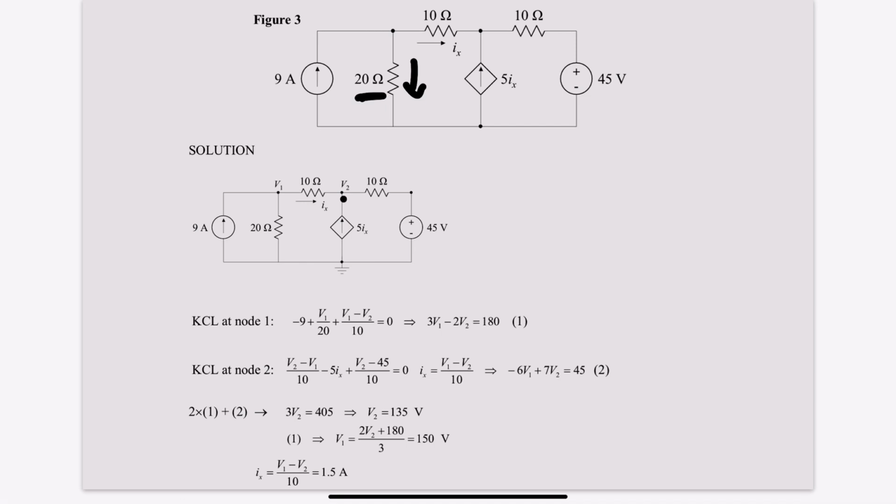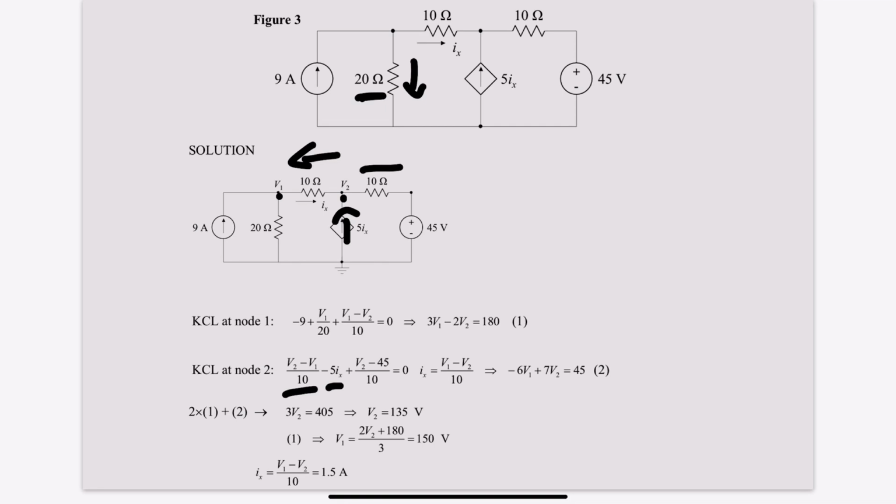Now we're going to have a KCL at node 2. V2 minus V1 over 10 is the current running through this direction. We are assuming V2 minus V1 over 10, as this is leaving, is going to be positive. Entering the node is going to be negative. We've got minus 5Ix entering that node.